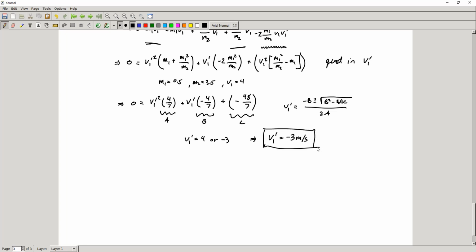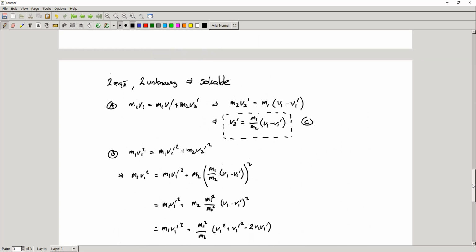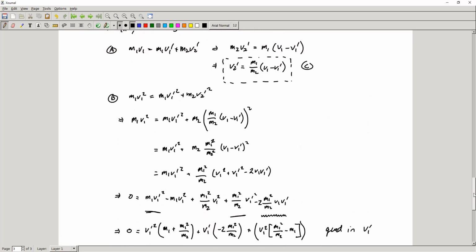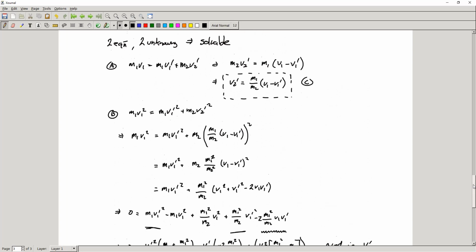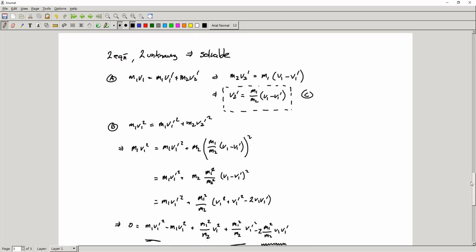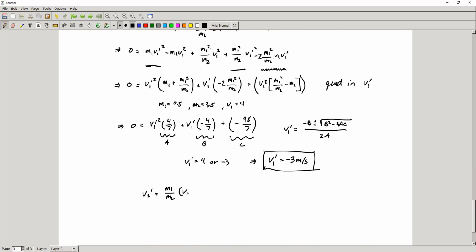Okay, and that's great. Now that we have v1 prime at minus 3 meters per second, we can very easily go back to equation C here. I'll recopy it here. It's v2 prime equals, is it m1 over m2? It is, and it's v1 minus v1 prime. We know what all of these are: M1, M2, and v1.